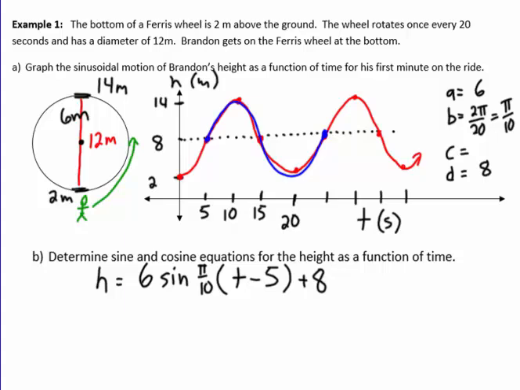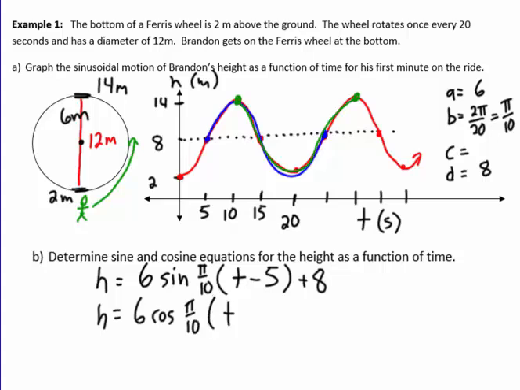Well, what about the cosine? The cosine function, we can choose to do positive or negative as well. I'm going to stick with the positive. So the first iteration of the cosine being positive is here, working its way to there. And again, when we do sine and cosine, not much changes. The amplitude is the same. Now we get cos. The b value is the same, pi over 10.